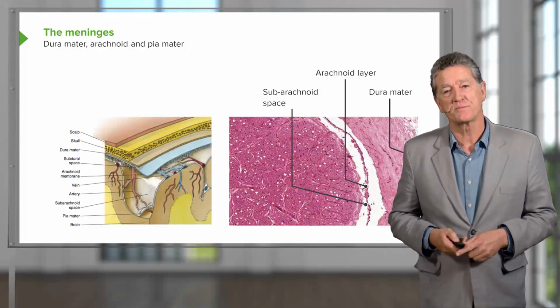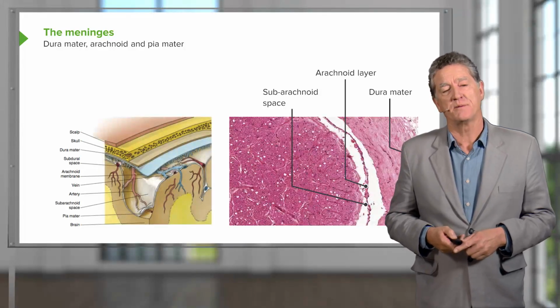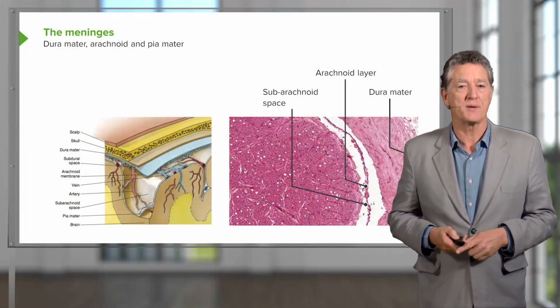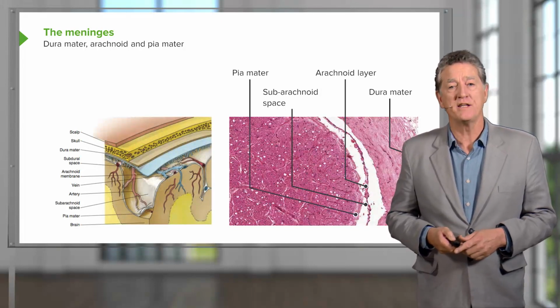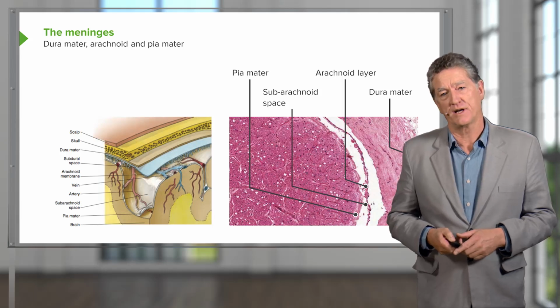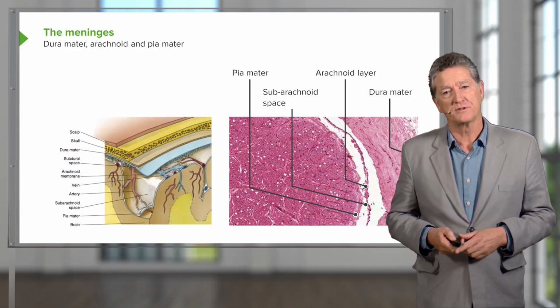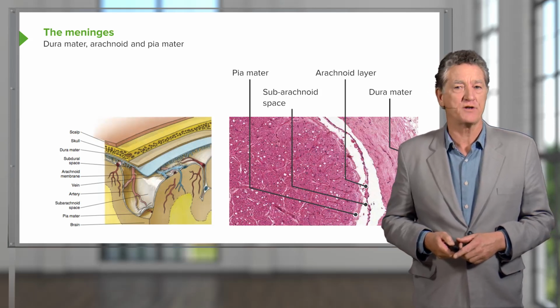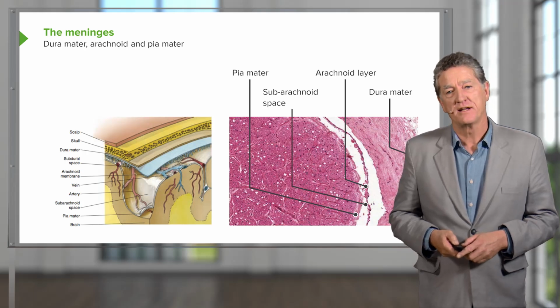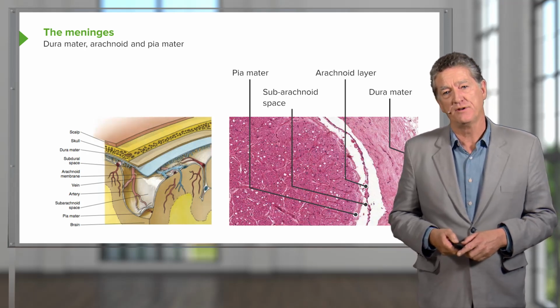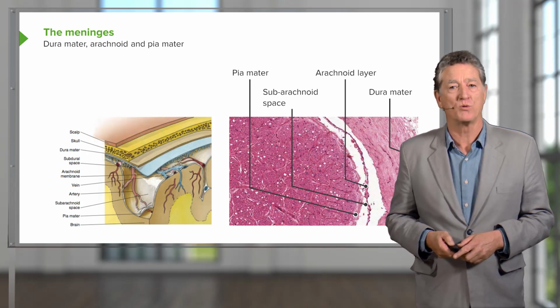The subarachnoid space also houses some of the large vessels before they pass into the deep substance of the brain. And then the most internal covering around brain tissue is the pia mater. It forms almost an epithelial surface on the surface of the brain tissue and penetrates some distance into the neural tissue, particularly carrying very small blood vessels.